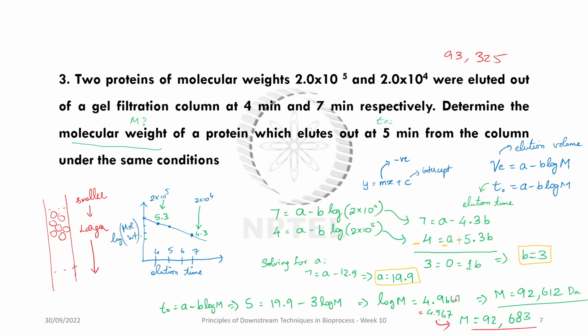So it's all to do with the decimal. 4.96 would give you 91,201, and 4.97 would be 93,320. Okay, so that's it.